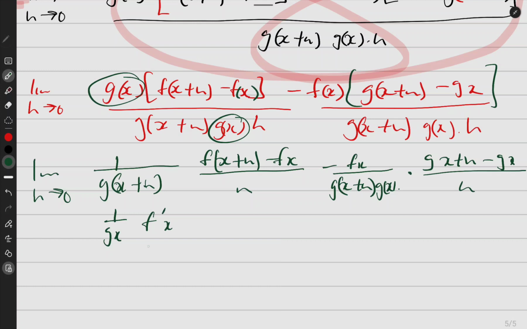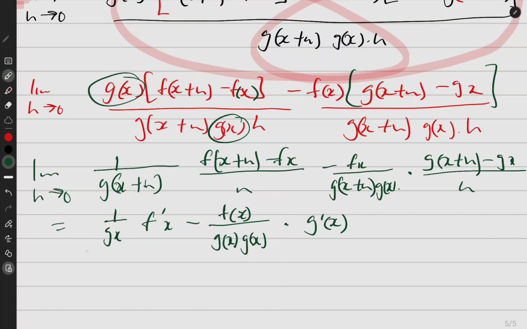So it will be just f prime of x, and then minus, if I take a limit as h approaches 0 here, I will have f of x all over, this will become 0, and I'll have g of x. And again, taking a limit here as h approaches 0 is the same as differentiating the function g of x. Looking good now. So we no longer have limits because we have taken the limits as h approaches 0.